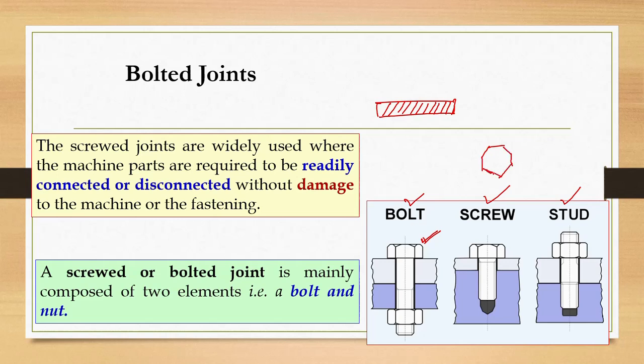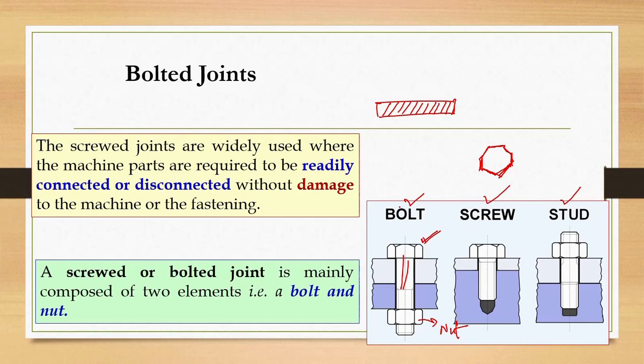So it has six corners, and your wrench set also has these heads which you can use to tighten or loosen the bolts. The bolt also comes with a nut. This whole assembly is a bolt, and this assembly we call a nut. This nut is used along with the bolt, so you can fasten two plates or two different parts, and we can also open it when we want.